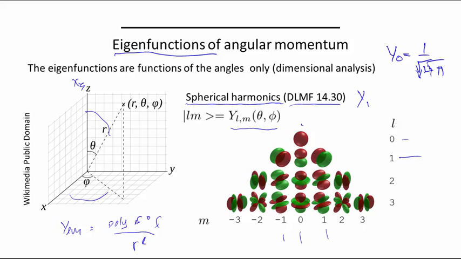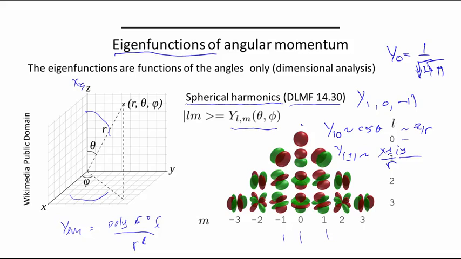Y_1,0 is proportional to cosine theta, so it's proportional to z over r, and Y_1,plus or minus 1 are proportional to x plus or minus iy over r.